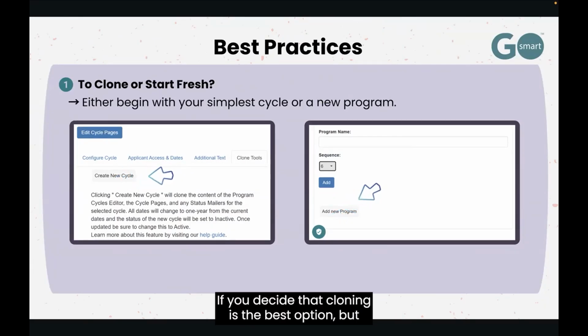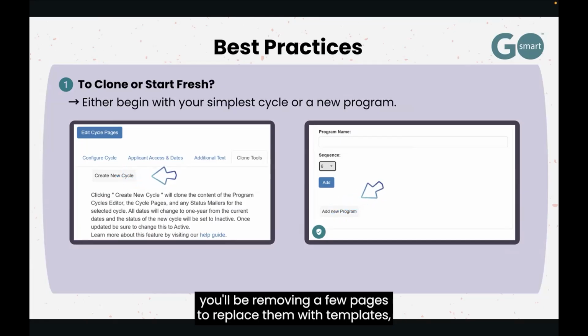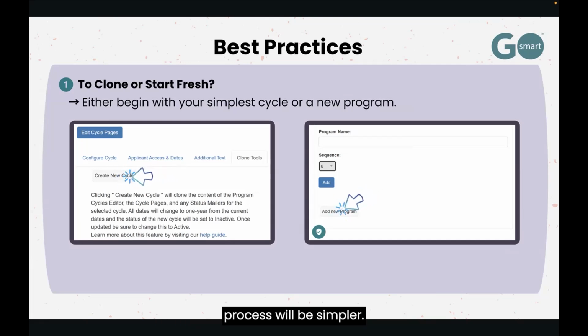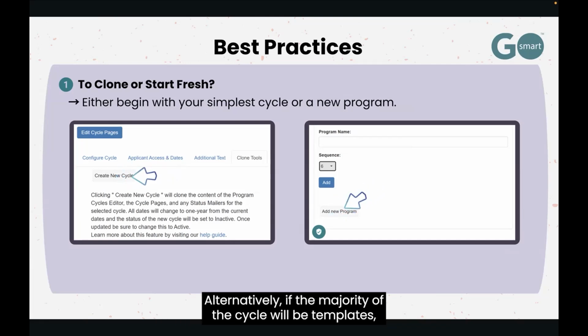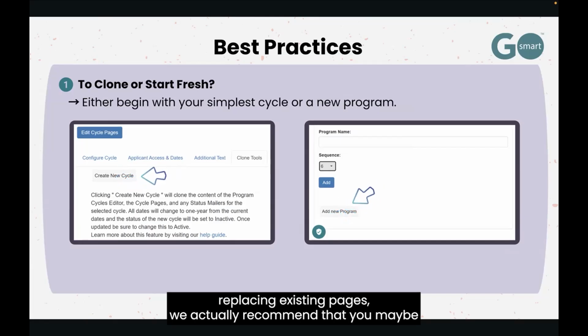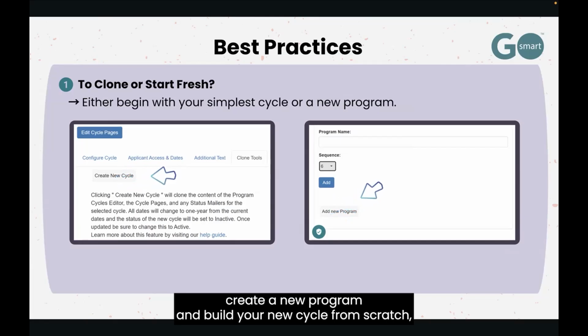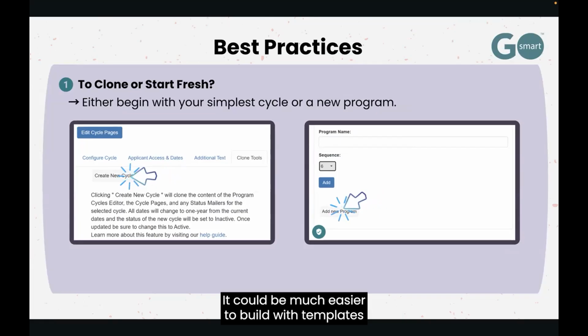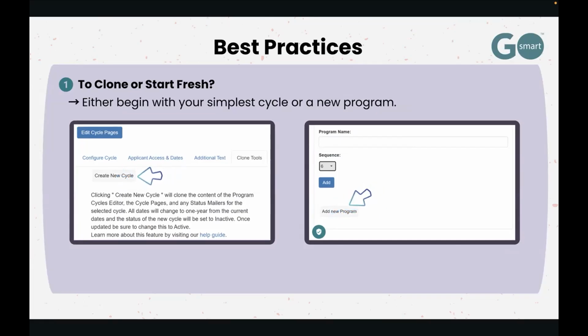If you decide that cloning is the best option, but you'll be removing a few pages to replace them with templates, we recommend selecting your simplest cycle so the deletion and replacement process will be simpler. Alternatively, if the majority of your cycle will be templates replacing existing pages, we actually recommend that you maybe create a new program and build your new cycle from scratch. And we'll talk later about something to do with those existing programs. It could be much easier to build with templates when you're not fighting old pages or outdated settings.